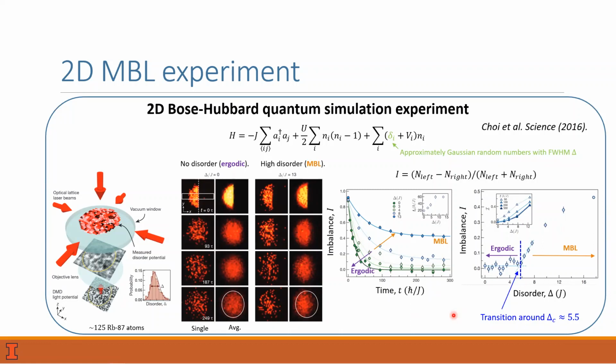So this is a very interesting experiment, and people are trying to understand it. So there have been various studies trying to see if they can find agreement with the experiment through numerics. So is the decay of the imbalance exponential to its asymptotic state? It's a good question. I'm not sure.